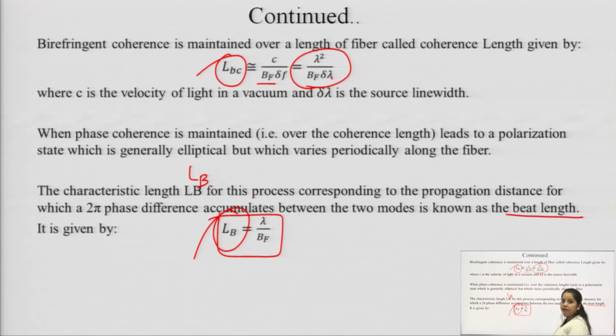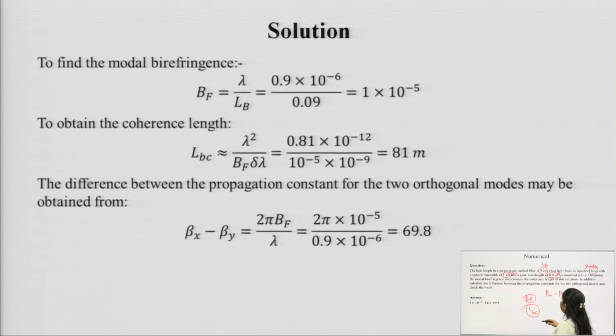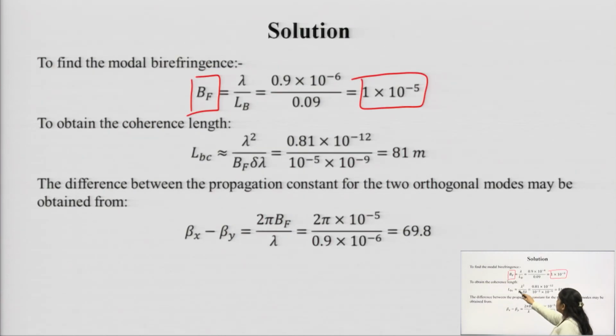Lambda is already given, Bf we have just calculated, and del f is also given. We substitute these values and get the coherence length as 81 meter.